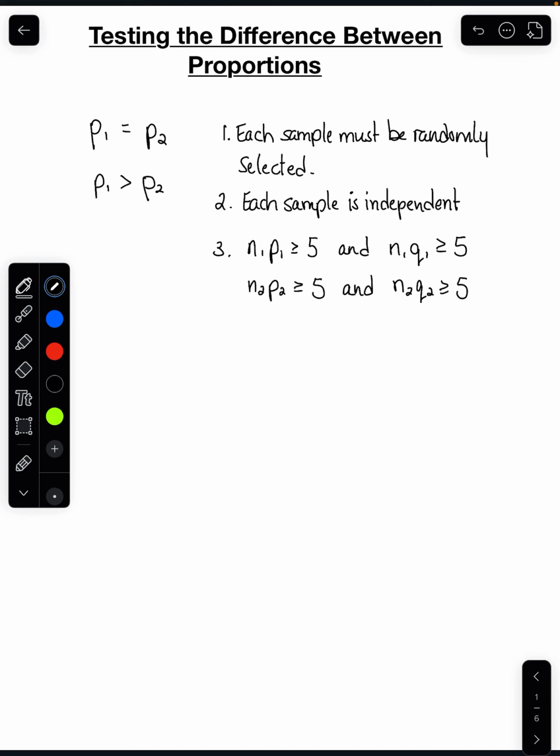Now, as long as these requirements are met, that means that the binomial distributions can be approximated by a normal distribution. In this case, rather than have a separate normal distribution for each, we're going to build a single normal distribution based off of the claim that the two proportions are equal.